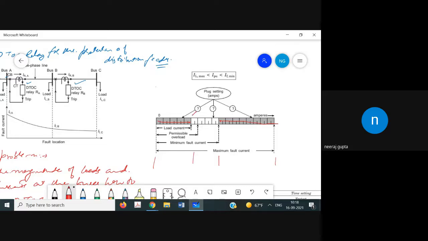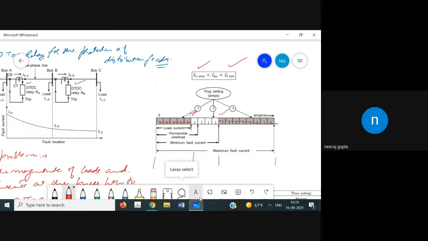Some permissible 20% overload can be allowed. So we have the setting in between, that is, above the maximum load current with the 20% overload, and below the minimum fault current. We have to set the plug setting in such a way that it allows the maximum load current and is sensitive enough to respond to the smallest fault current. So this is about the first point.